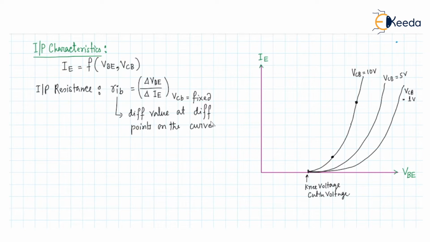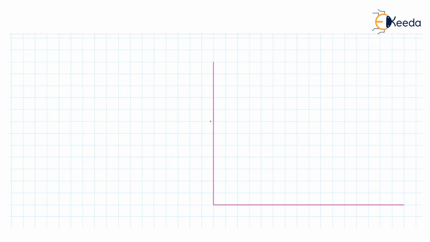curve. Now let us see what will be the output characteristics of a common base configuration BJT. So for the output characteristics, we have to plot the output current, that is the IC current, with the output voltage, that is the collector base voltage, keeping the input current fixed, and the input current is here the emitter current.